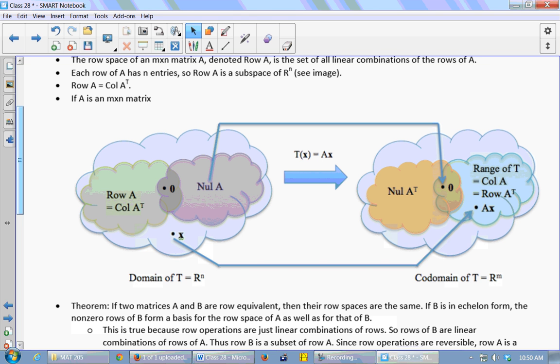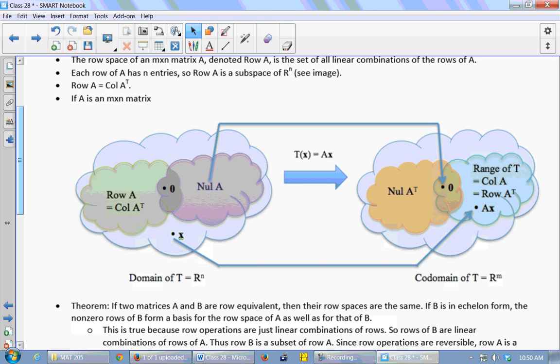So it lives over here as a subset of the domain of T. And the row space of A is the same thing as the column space of A transpose. If you just take those rows and make them columns, now we're talking about the column space of the transpose matrix. So this picture has a bit more detail than your text gave, but I wanted it to be accurate.